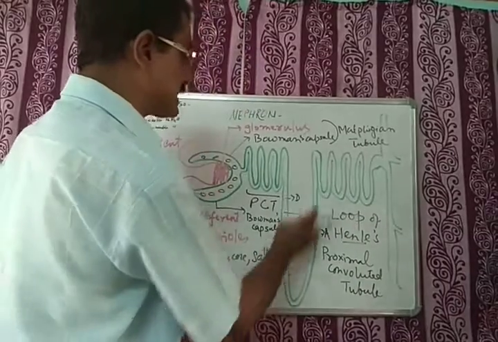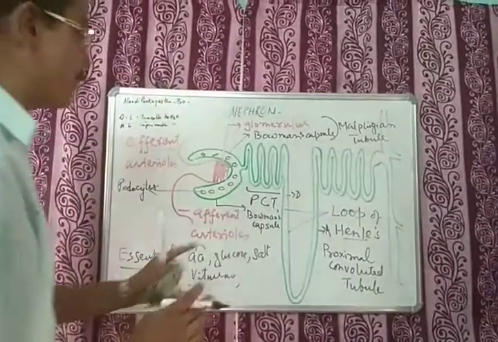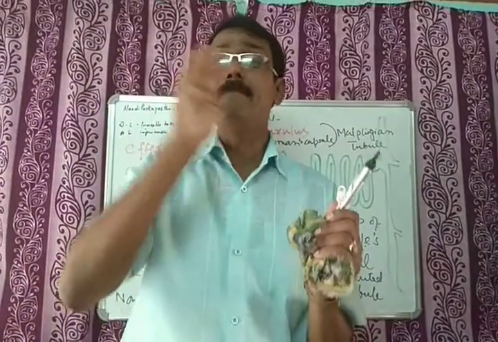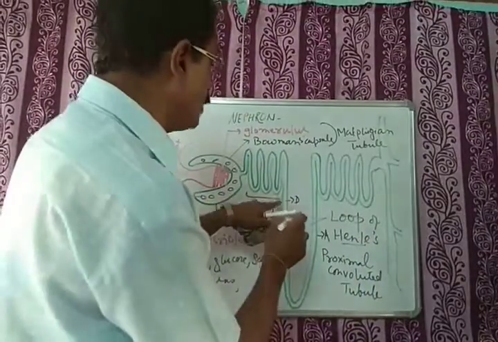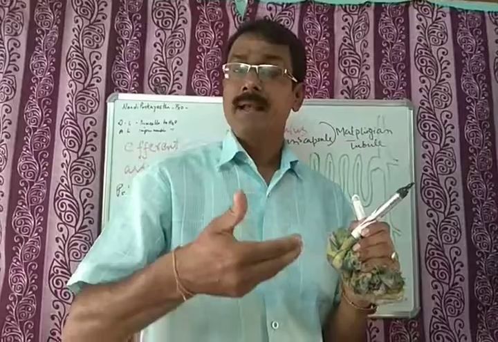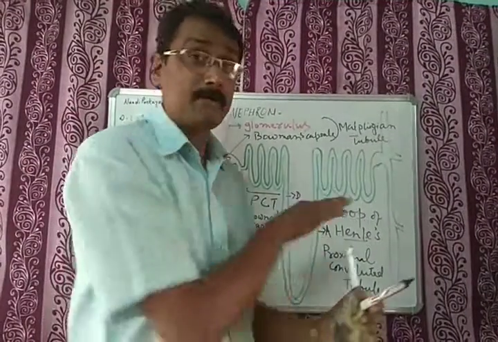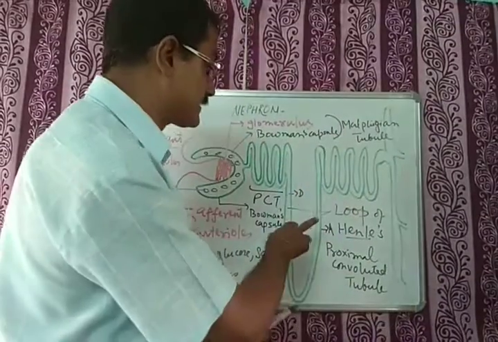The descending loop is permeable to water, and impermeable to solute and salt. You have to keep this in mind. The ascending loop is impermeable to water, but permeable to salts. These are just the reverse.